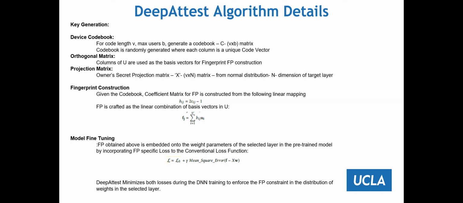Since both losses are minimized throughout the process, both criteria are met: one is the model's objective function, and the second is the fingerprint actually being embedded into the weight vectors.